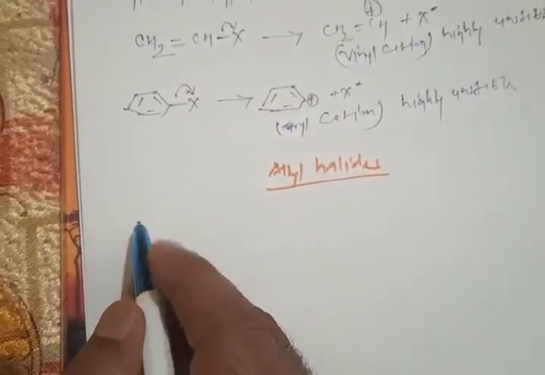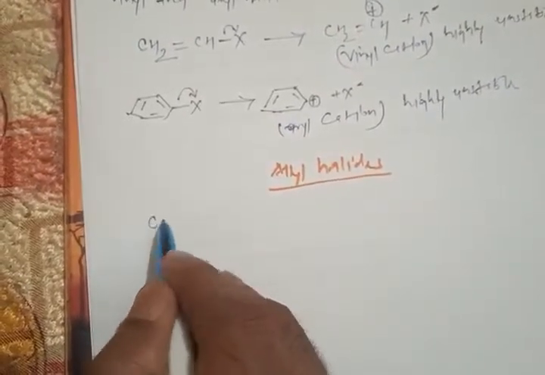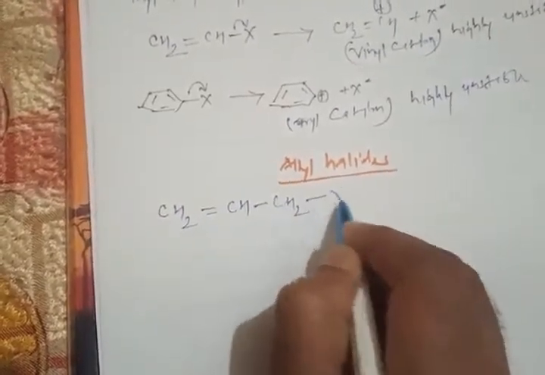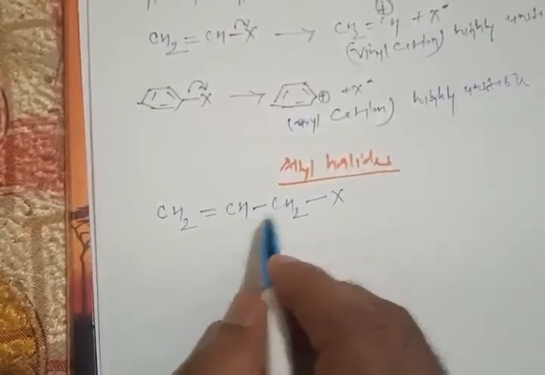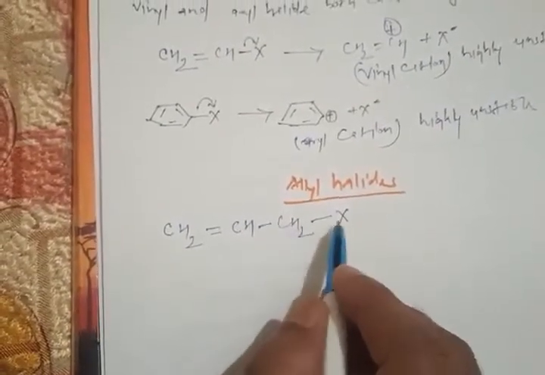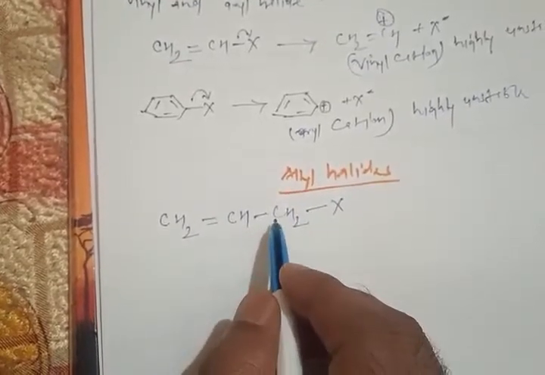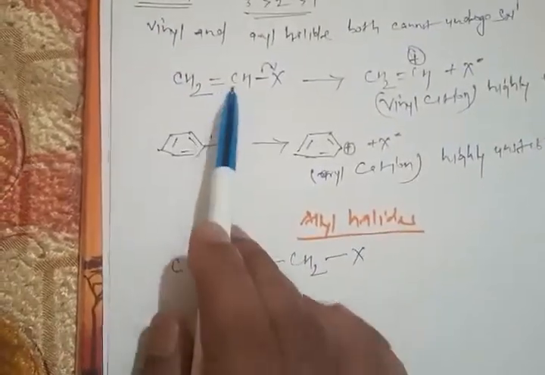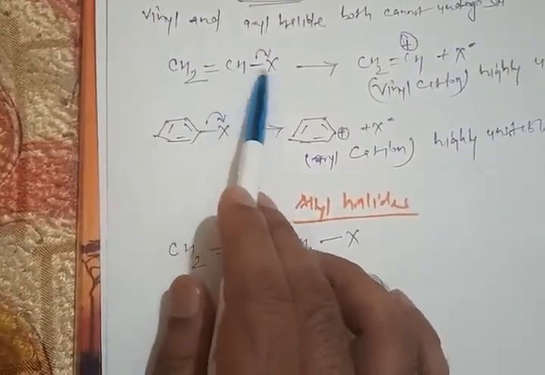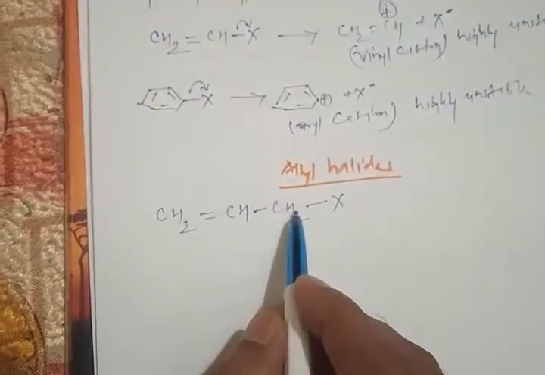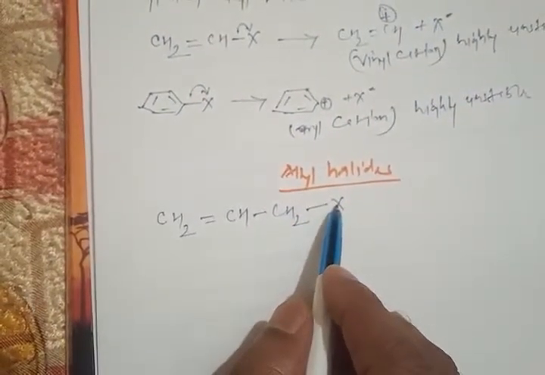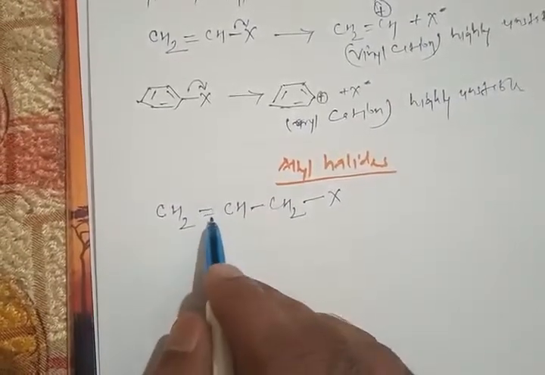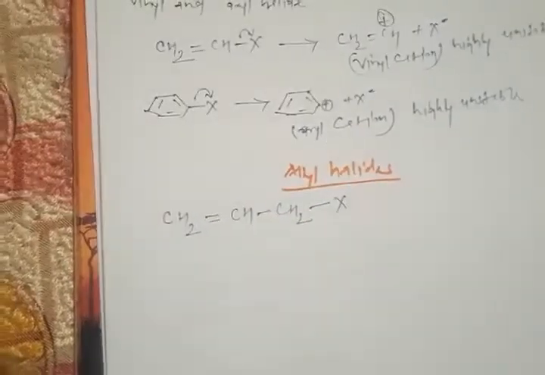So this is vinyl, we know that, and allyl is CH2 double bond CH single bond CH2 and X. One point you should note is that in vinyl the functional group is directly attached to a carbon which has a double bond, but in case of allyl, the functional group is attached to the carbon next to a double bond. Here is a double bond, so this is the difference in the structure of vinyl and allyl.